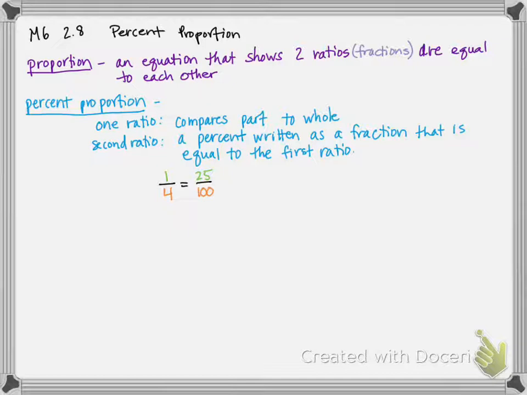So the number on top is called the part number, and the number on the bottom in the denominator is called the whole number. So that's what these proportions are comparing to each other, is this portion from the whole picture versus the whole picture, okay?